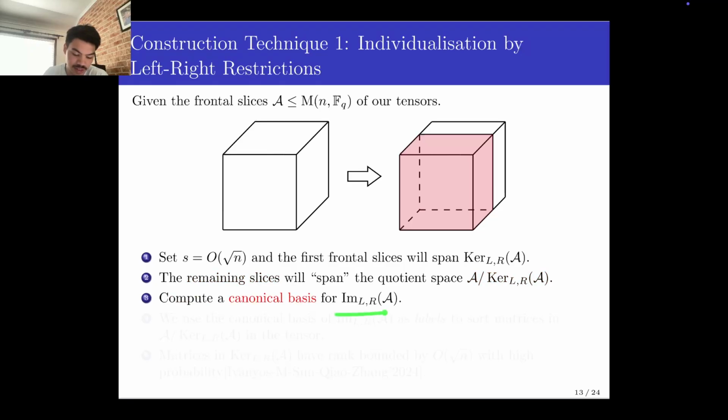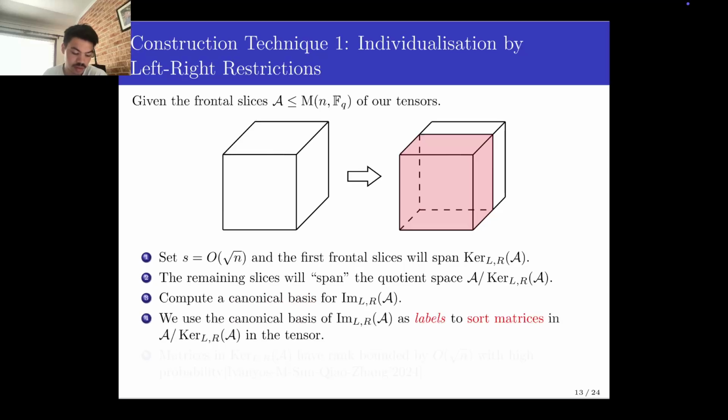And we say that a canonical basis for this image space can be computed efficiently. Then, using this canonical basis for this image space, we can use it as labels to sort, or fix, the matrices in this quotient space here.